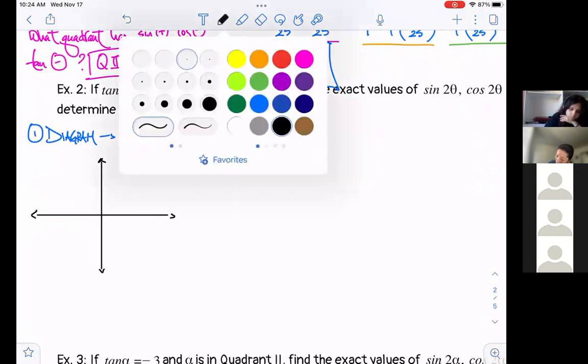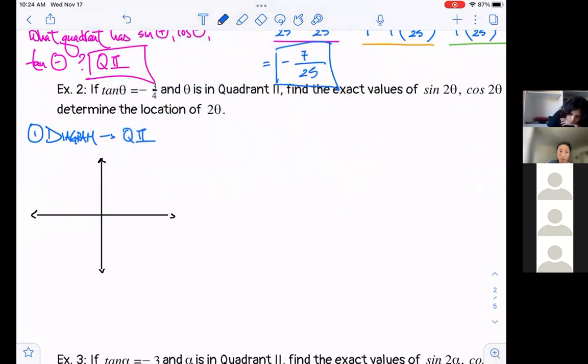I'm going to be really careful to draw my triangle so that it is somewhere in quadrant 2, and make sure that I create my right triangle. I'm using theta this time. Theta, or whatever angle, should always be touching the origin.